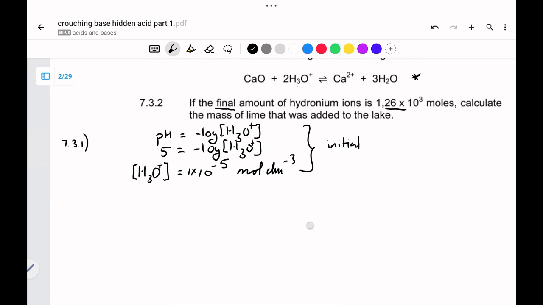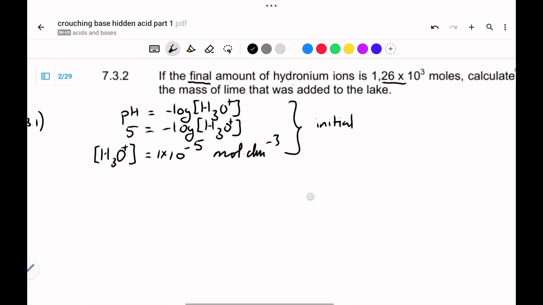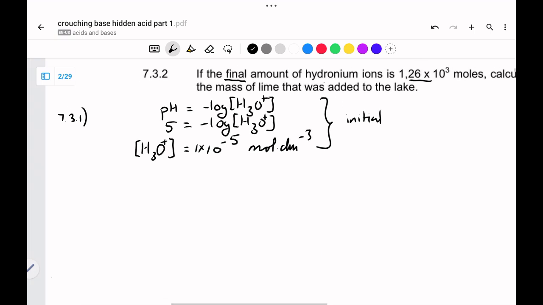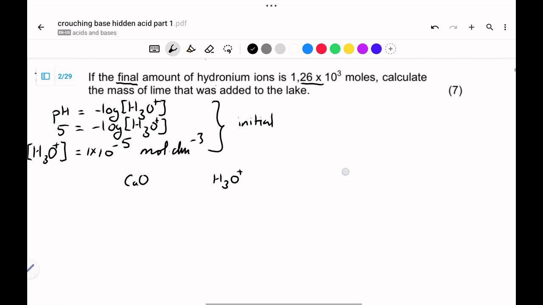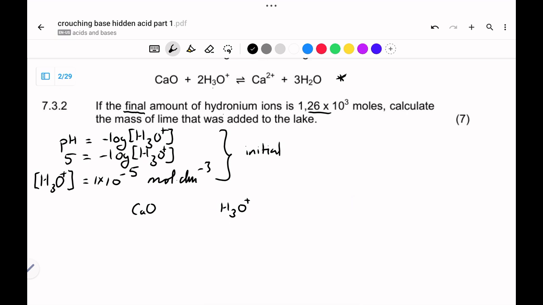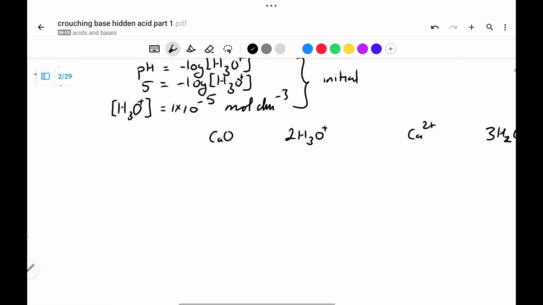So let's use the table so that we can see what information we have and what information we still need to solve this problem.